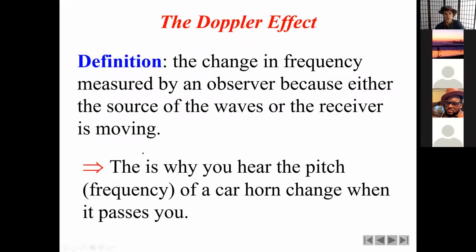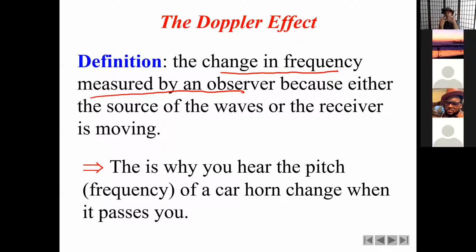You don't need to worry about this formal definition, but the Doppler effect is the change in frequency measured by an observer because either the source of the waves or the receiver is moving. So generally, we're thinking about the Doppler effect as, let's say, a siren from a fire truck or a police car moving towards us and then passing us.